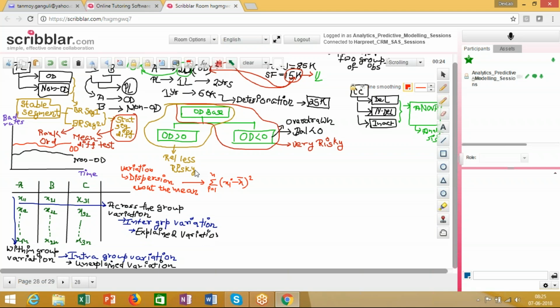Therefore, the next stage was the concept of dispersion. How is dispersion measured in statistics? We measure dispersion from the mean of the set. It is measured as the sum of squared deviations.